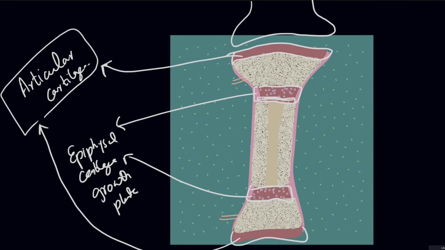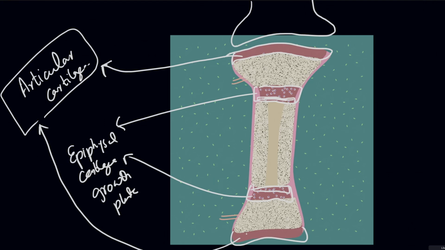In this way, till the person reaches adolescence, it will help in increasing the length of the bone, and ultimately as the kid reaches adolescence, this epiphyseal cartilage will also ossify and will ultimately be replaced by the bone.